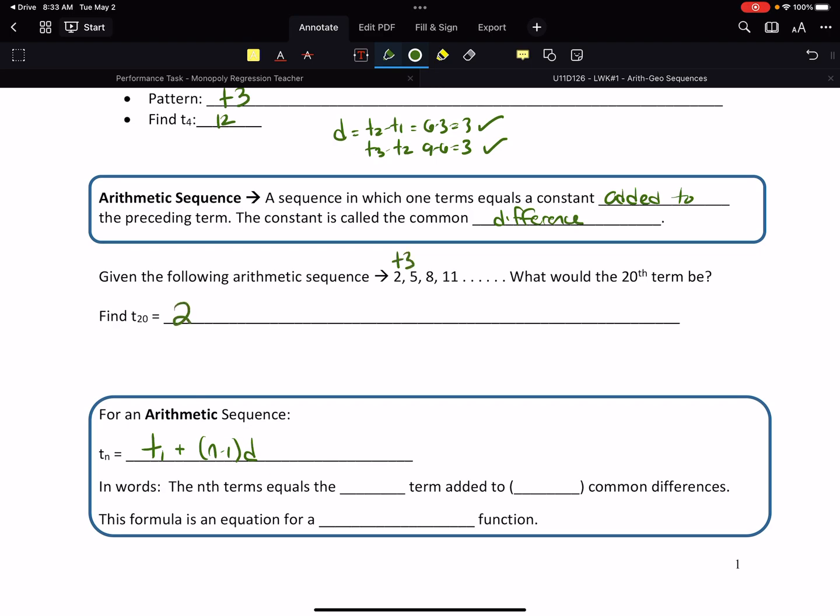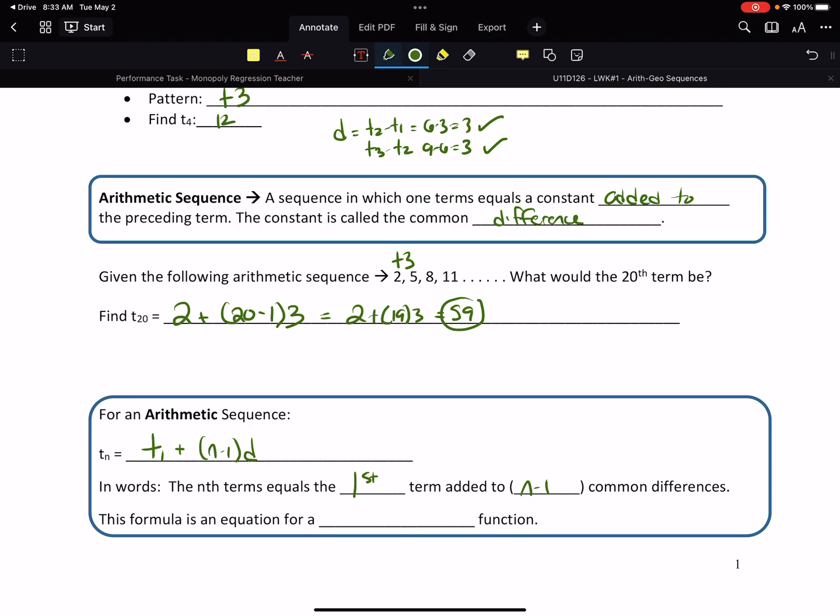So my first term plus n, which is 20, minus 1 times my common difference of 3. 2 plus 19 times 3 equals 59. So with that formula, in words, the nth term equals the first term added to n minus 1 common differences.